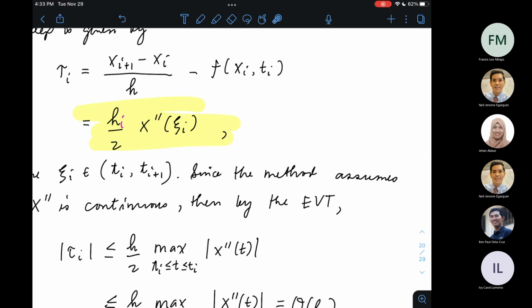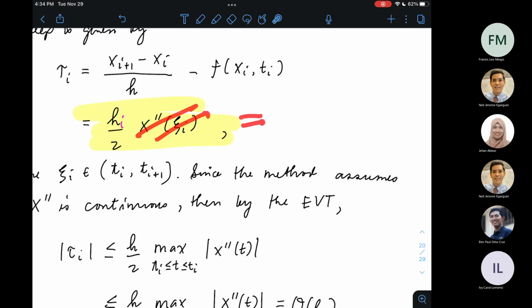Pwede mong i-drop yung mga lower order terms. And then, you can drop constants. Kasi tinitingnan mo lang naman ay usually pagbabago with respect to one of the variables. So if I will assume that the, I don't have any way to compute c sub i, which is always the case, but this is just a constant anyway, so it doesn't matter when I look at the asymptotics of it.